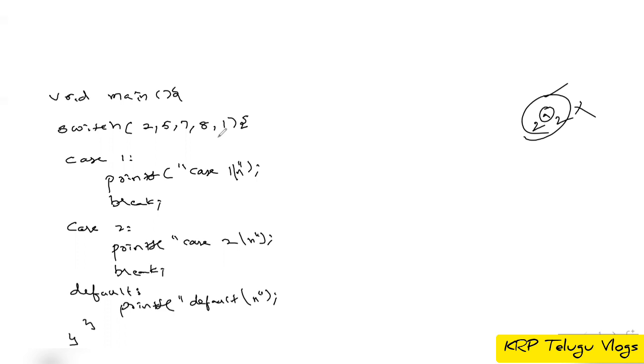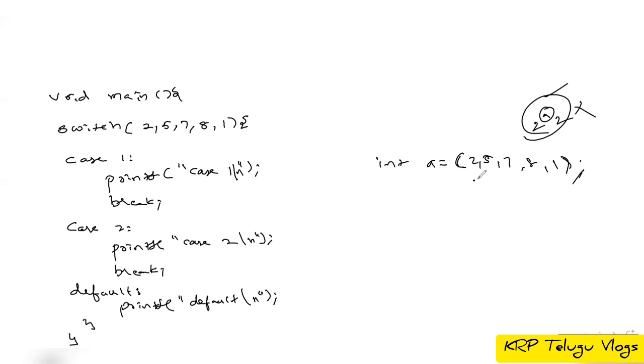Very good. We have already done one program. Int a equal to (2, 5, 7, 8, 1). What is the value of a? 1, because brackets have high priority, so it takes the complete data as input.